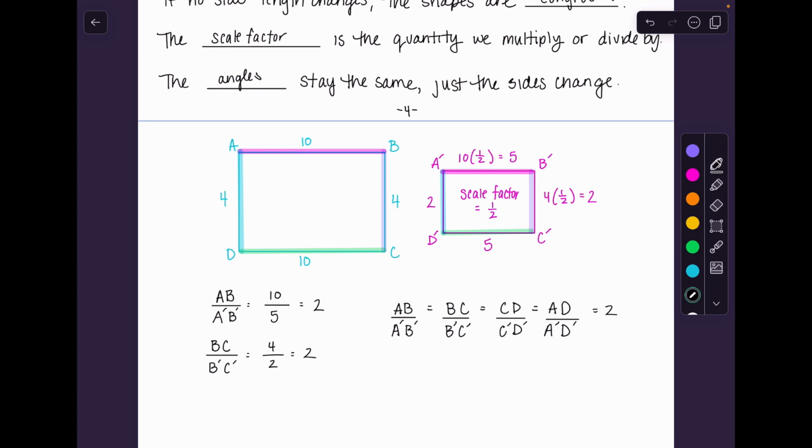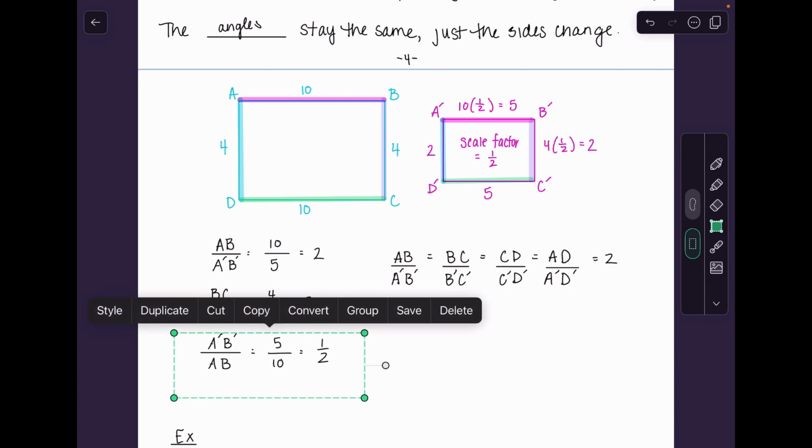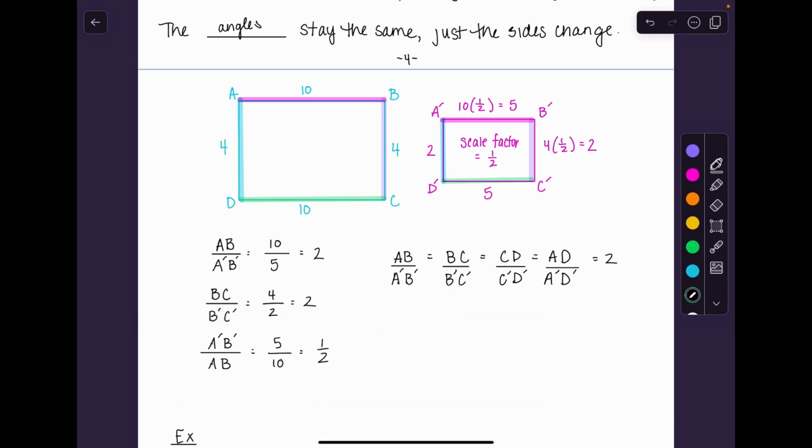Or likewise, I could put these in the top. I could take A prime over B prime and divide it by AB. In that case, this would be 5 divided by 10, which gives me 1/2. Okay. Move this actually over here. Or if I take side B prime C prime and divide it by side BC, that will give you 2 over 4, which is still 1/2.